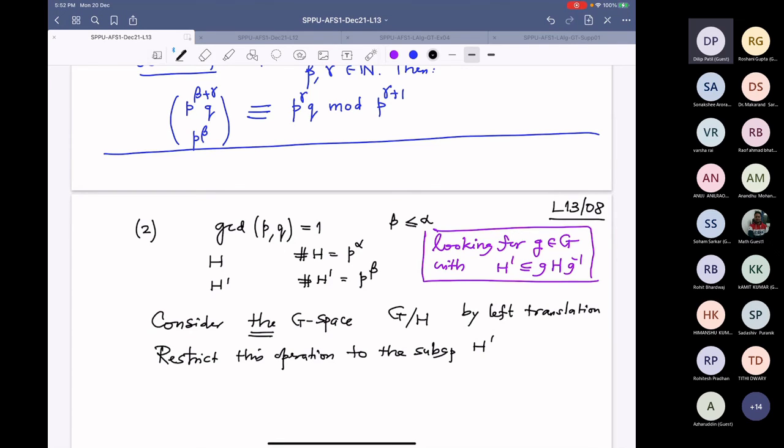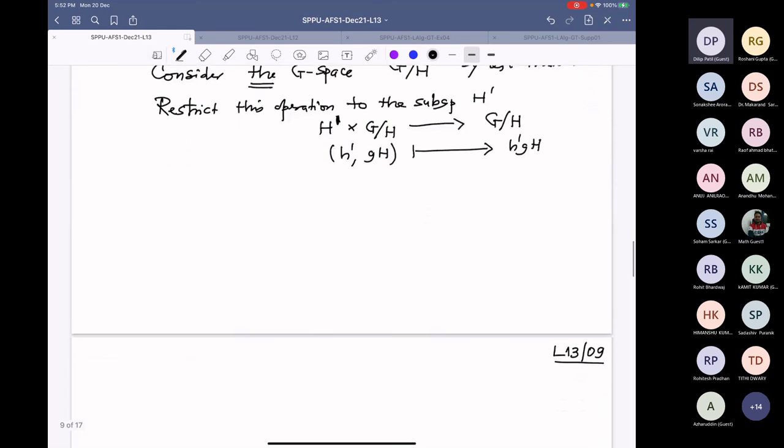Now I don't know whether it is transitive. So remember, this operation is H prime cross G/H to G/H. And what is the operation map? Any h prime times any coset goes to h prime g H. That is the operation explicitly.